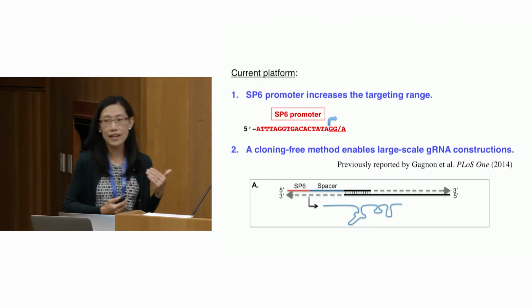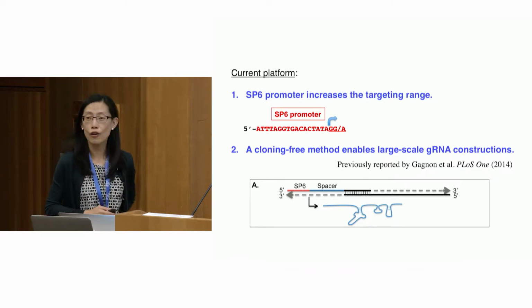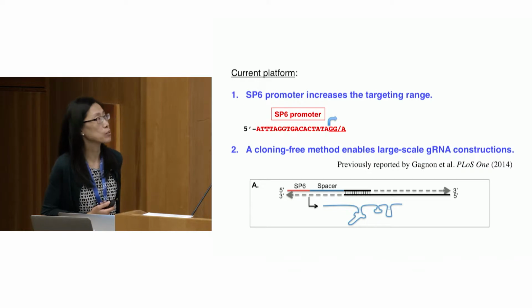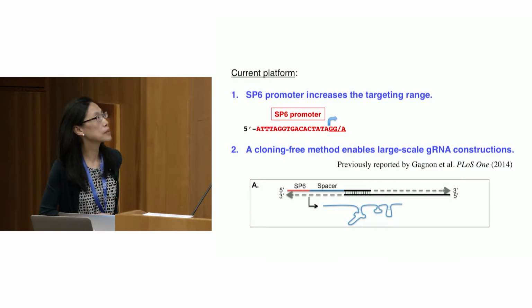So from there, I'd like to tell you a little bit about our current platform of generating guide RNAs using zebrafish. This is a more high-throughput platform, and we found it to be quite efficient.